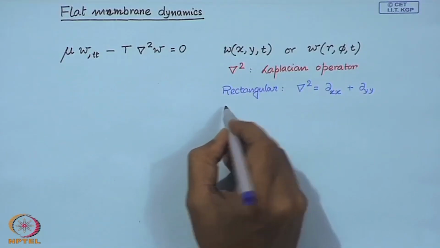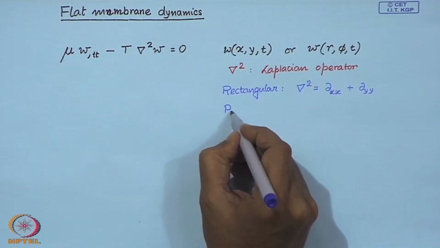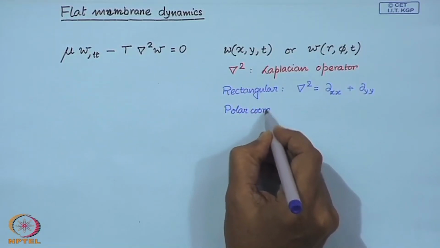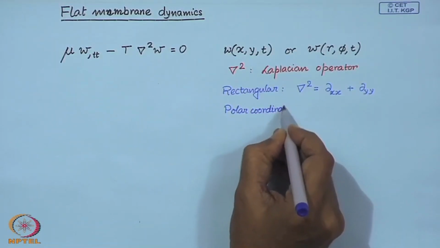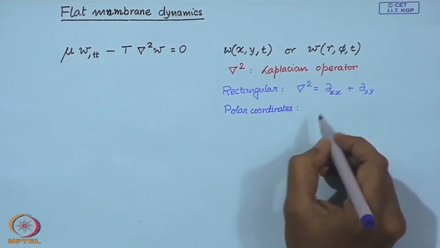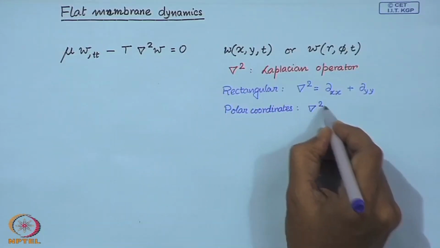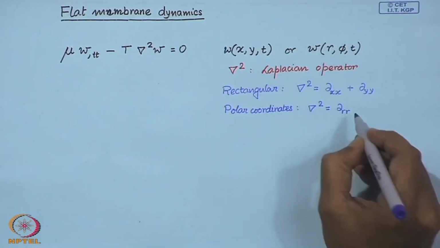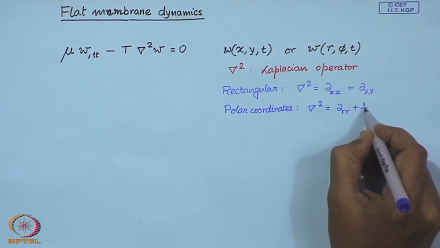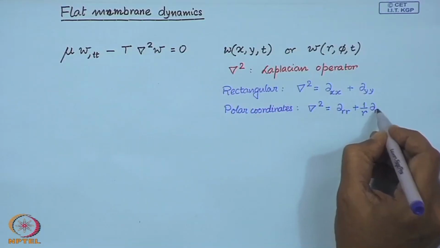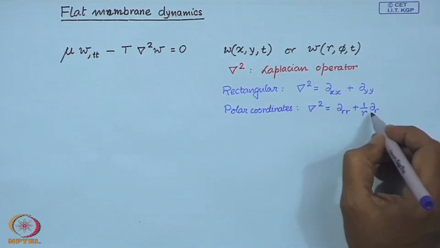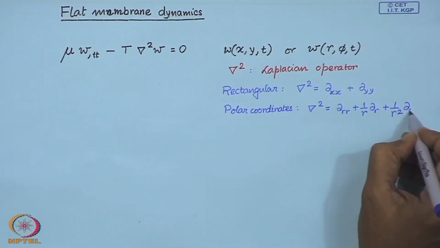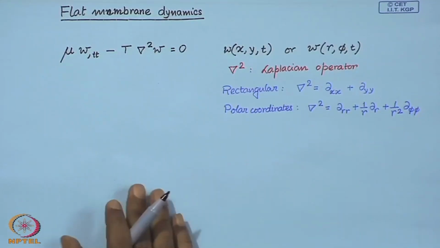In the polar coordinates, nabla square is double derivative with respect to r, plus 1 over r single derivative with respect to r, plus 1 over r square double derivative with respect to phi.